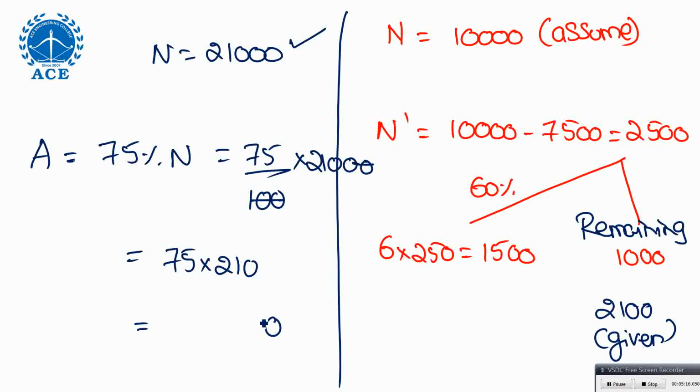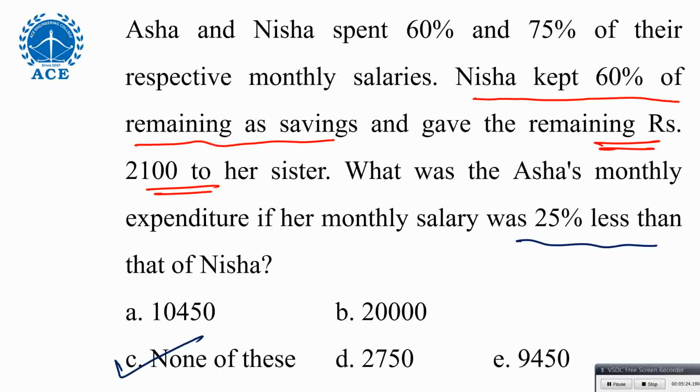So 0, then 5, then 10 plus 7, 17: 15,750. You don't have the option there. None of these.